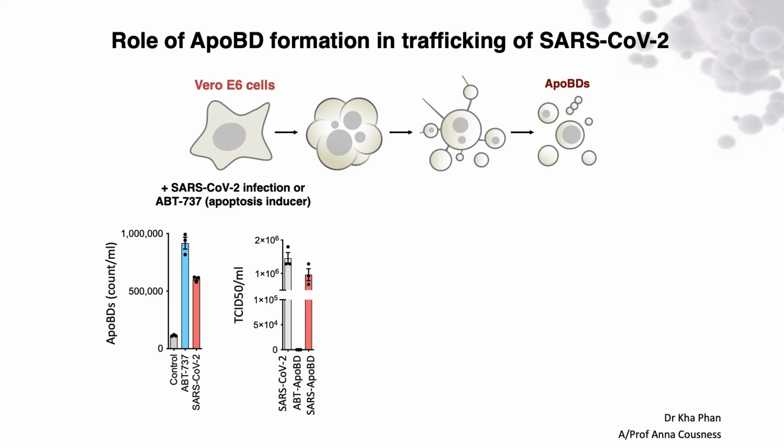In both settings, the cells undergo disassembly to generate apoptotic bodies. But what's important to note is that only in the SARS-infected cells undergoing apoptosis do the apoptotic vesicles contain viral protein, viral RNA, and also viable virions.